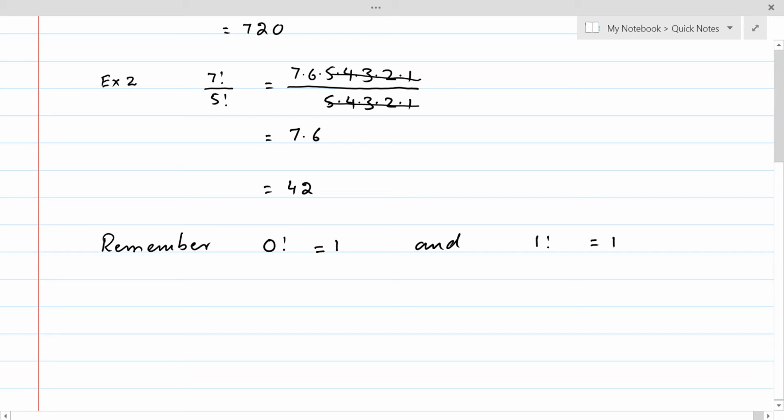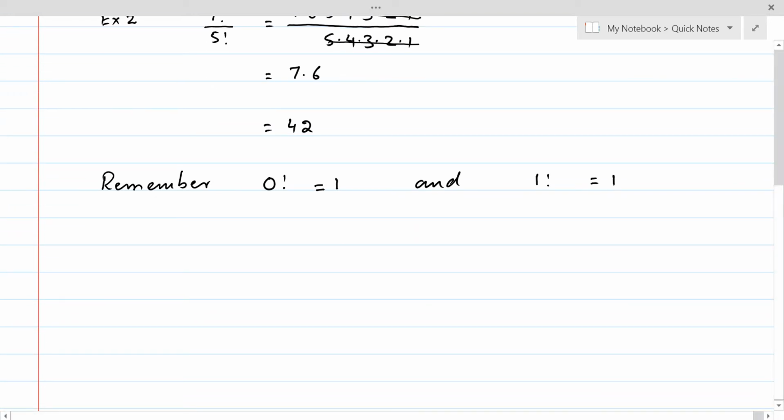And if we do another example here, write 9 times 8 times 7 in the form of factorial. Write the following in the form of factorial. So let's write down example 3. Write down the following in form of factorial.